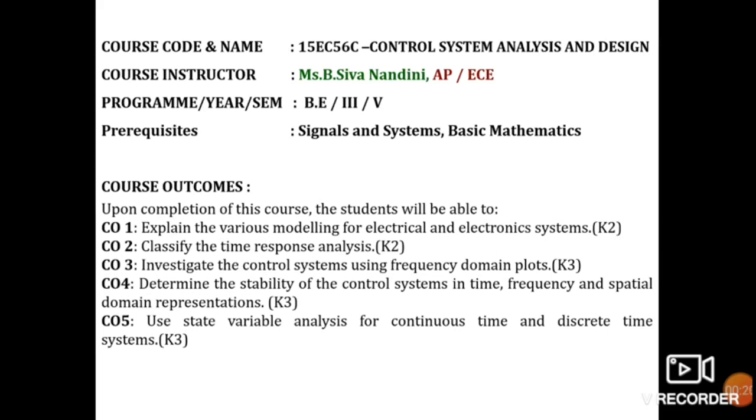So here, in this case, what is the output quantity? The room temperature is the output quantity. If you want to maintain the room temperature at a particular level, you may increase or decrease the room temperature using the input given through the remote. So this air conditioner is an example of control system.